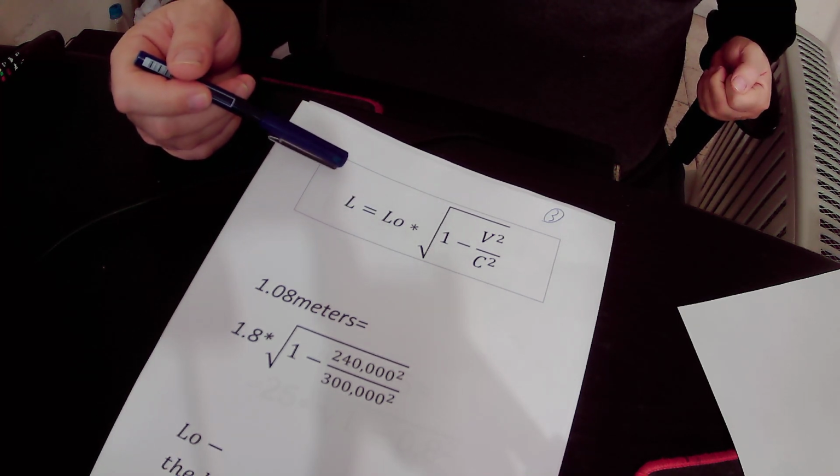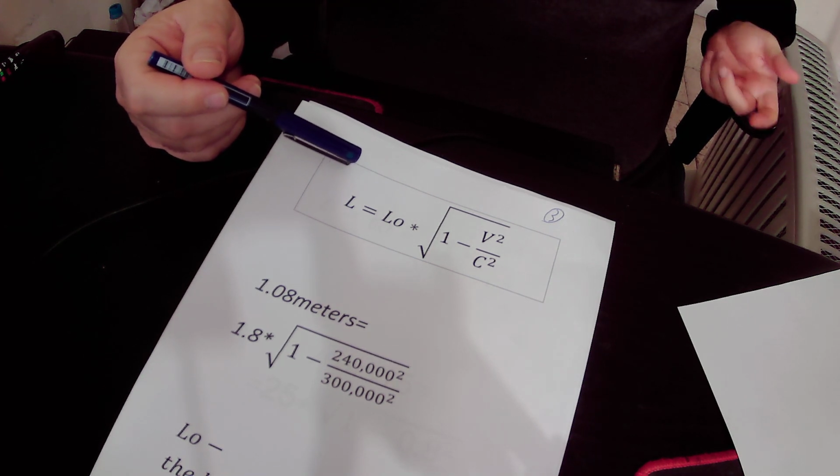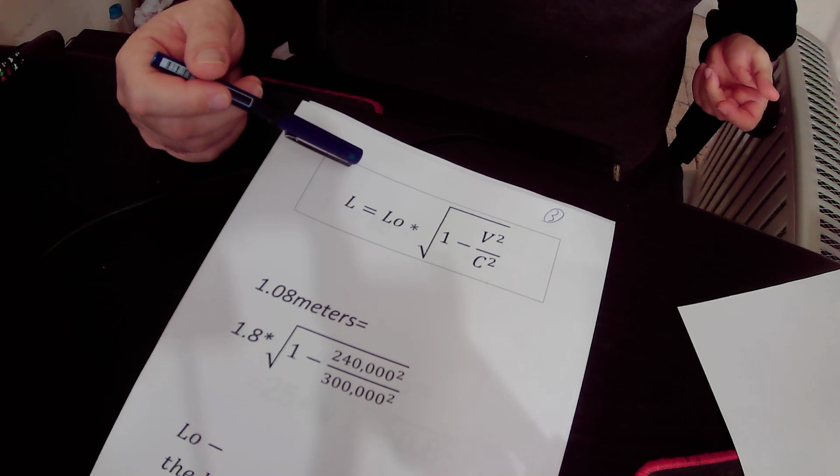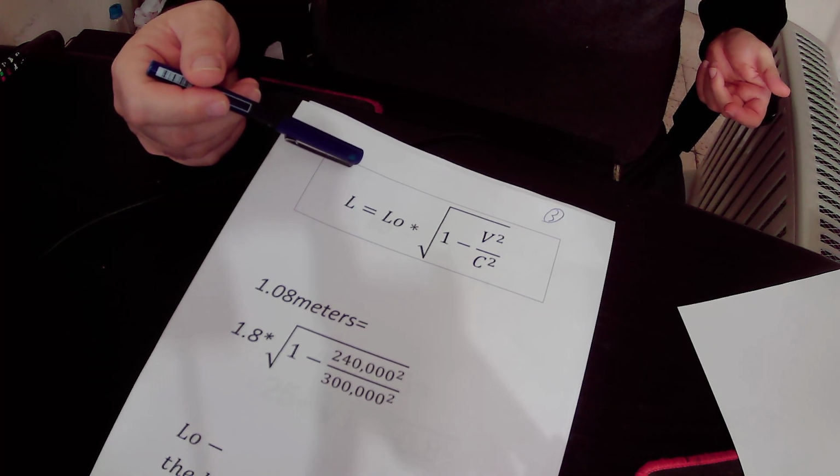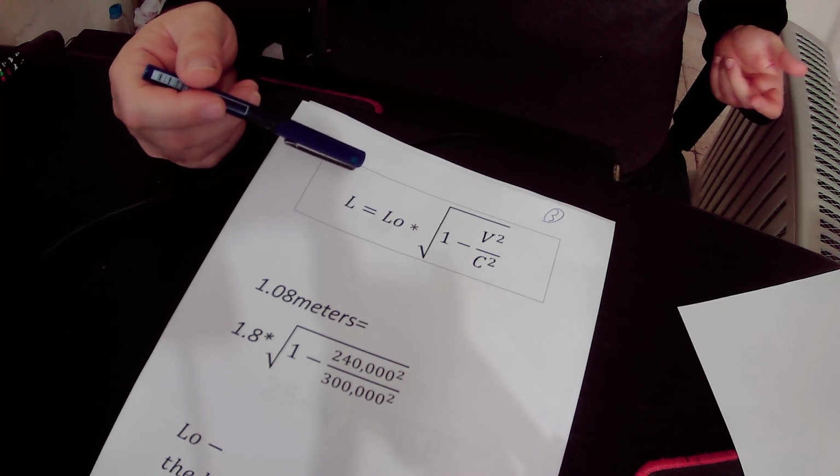V is the velocity of the object or the twin brother that is moving in space at very high speed.